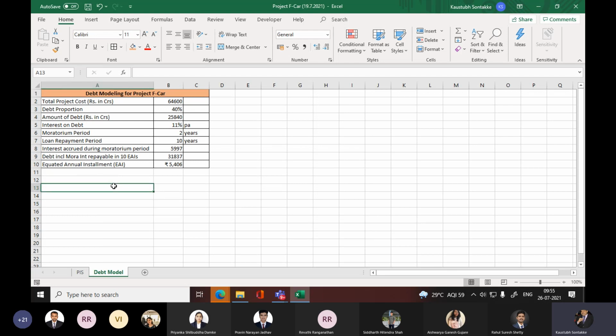Now leave around 2 to 3 lines, maybe 1 or 2 lines is okay, and then after 2 lines you write particulars.